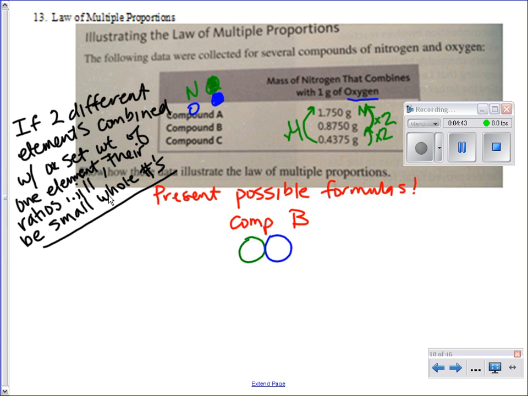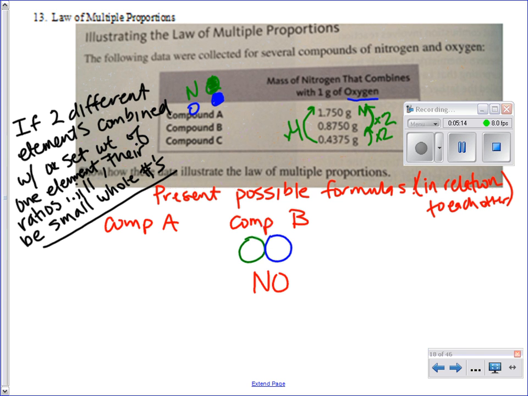What would the formula be? NO. Y'all see that? I'm just deciding that. You can make any of them 1 to 1. I'm just making B 1 to 1. And remember, we're going to present possible formulas, and this is all in relation to each other. So if this is compound B, what would compound A turn out to be? Let's look.